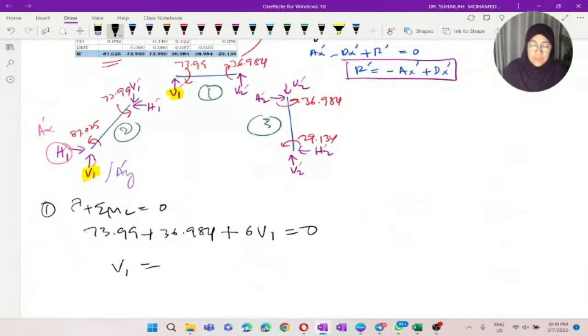So we get V1 equal to 73.99 plus 36.984, divided by 6.